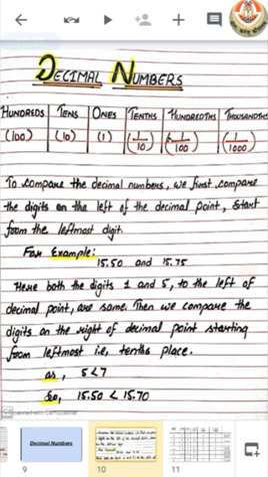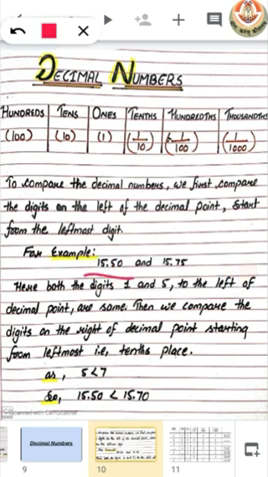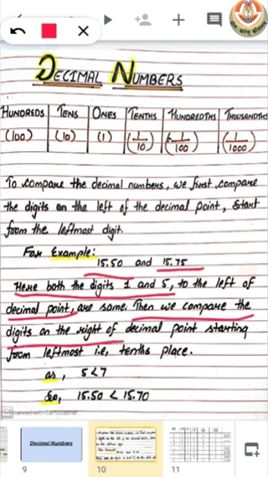You can see it in this example, 15.50 and 15.75. Here both have digits 1 and 5 on the left side of the decimal. So then we compare the digits on the right side of the decimal point, starting from the leftmost.